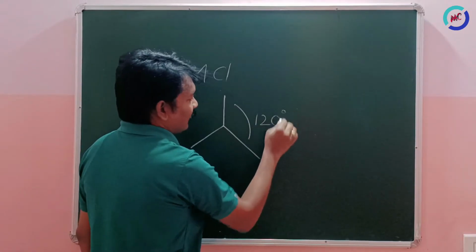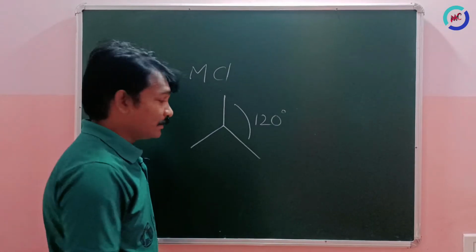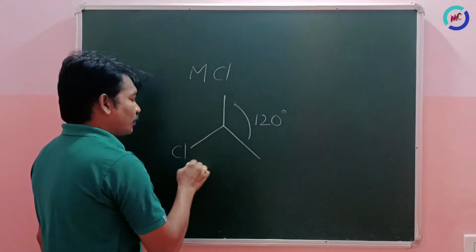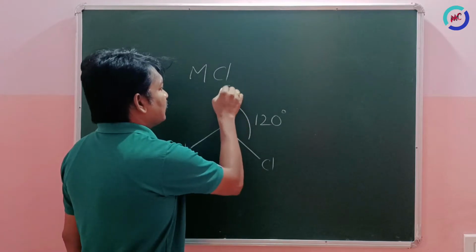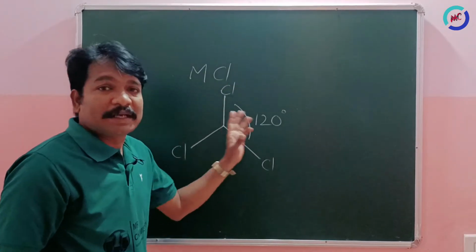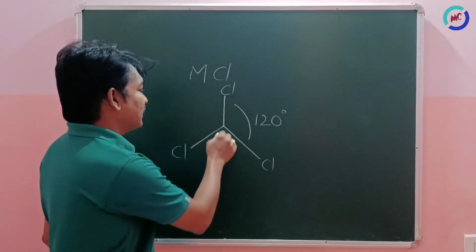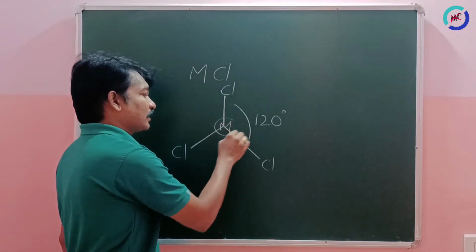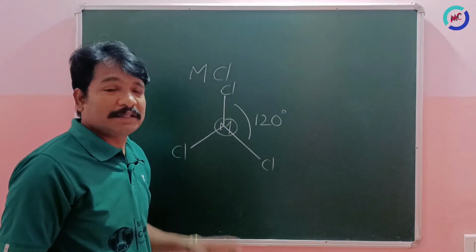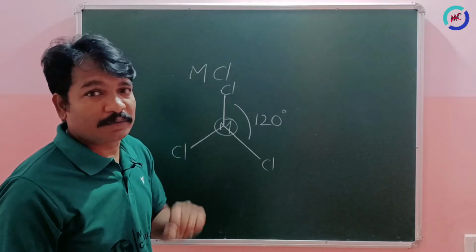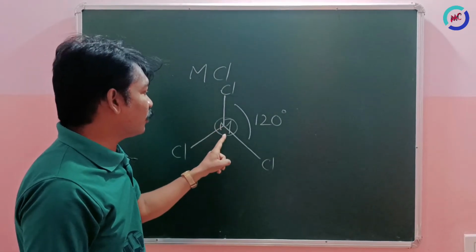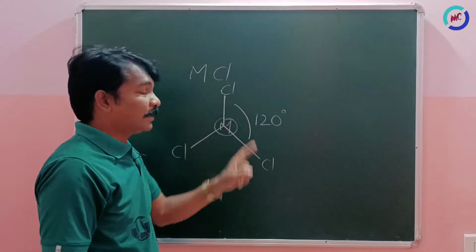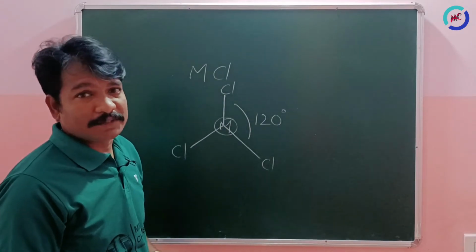Trigonal planar means three chlorines will be the three side atoms, and M will be the central one. This is possible in the case of third A group elements. Third A group elements can form trigonal planar structures with halogens.